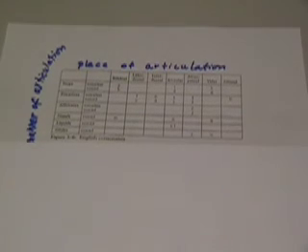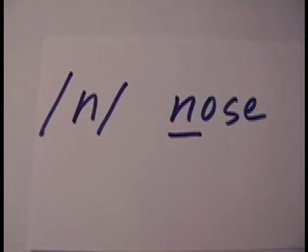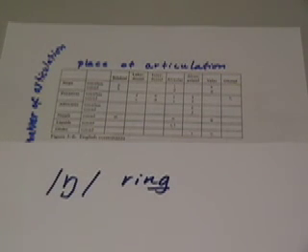Going down the chart, we have our nasals, a bilabial nasal, m, as in Maria. The alveolar nasal, n, as in nose. And then the velar nasal, produced way in the back, is the sound ng, as in ring, ring.